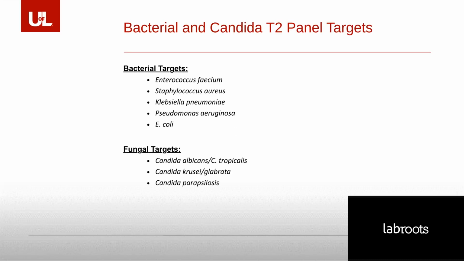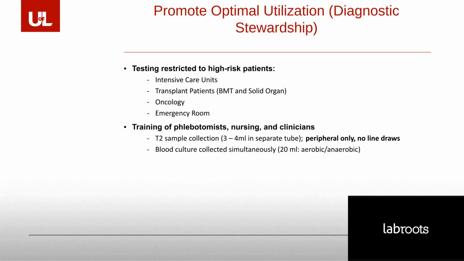Aparna went over the targets that the bacterial and Candida panels have. I will not belabor the point here, but we have both T2 bacterial and T2 Candida. We also have diagnostic stewardship activity in our institution. And anytime we bring on a new service, we try to determine what is the optimal use for this type of technology.